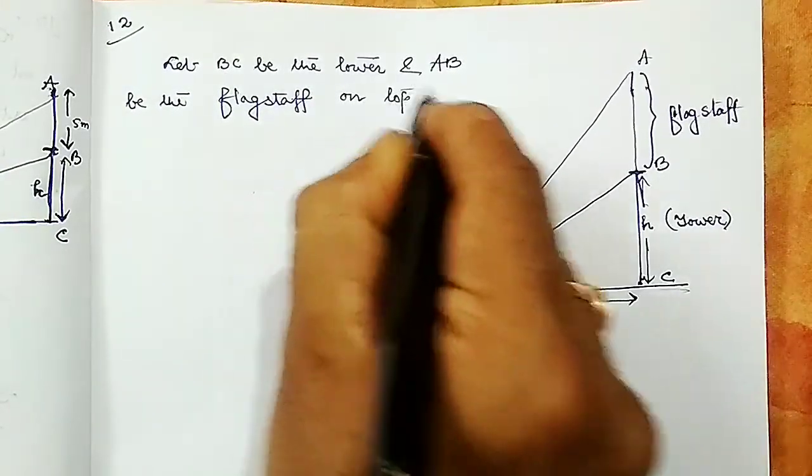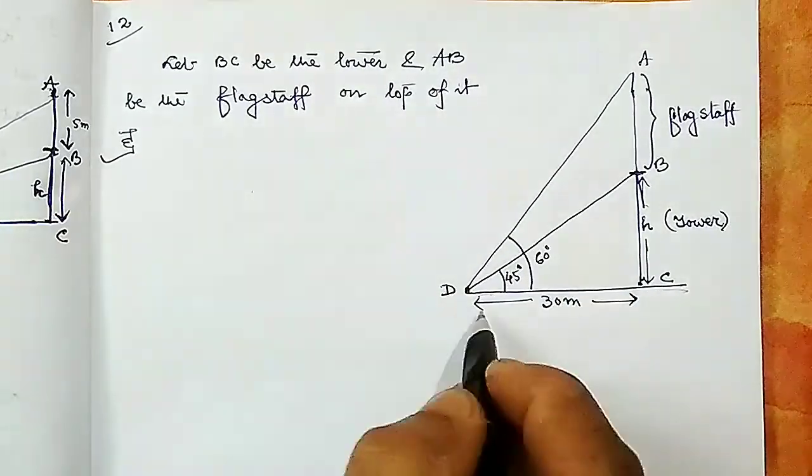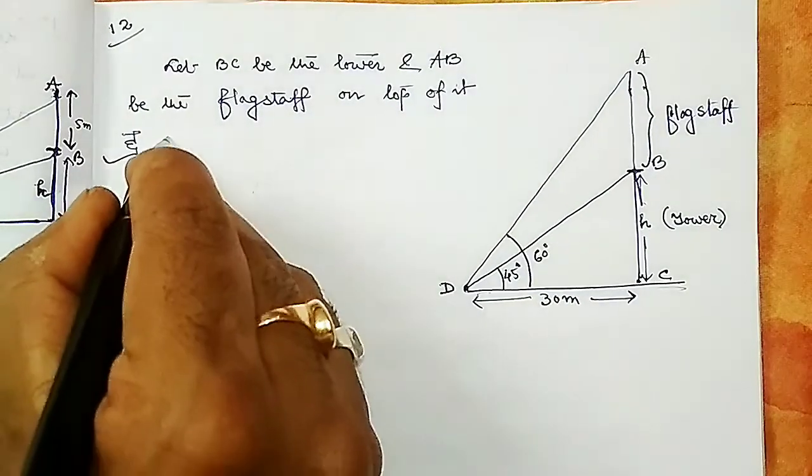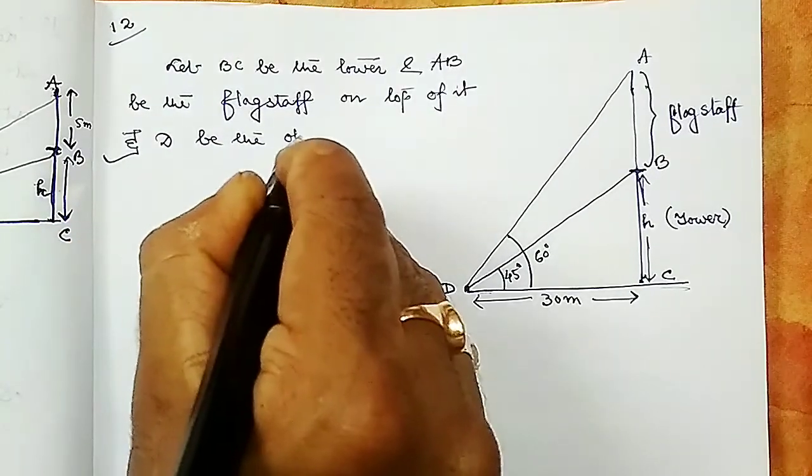And this point is the observation point, so we have to mention D be the observation point.